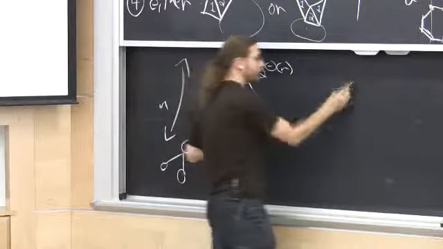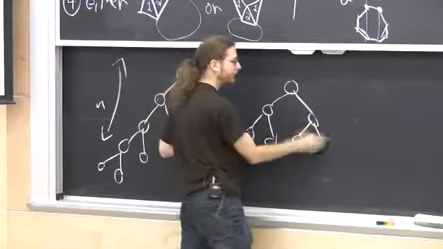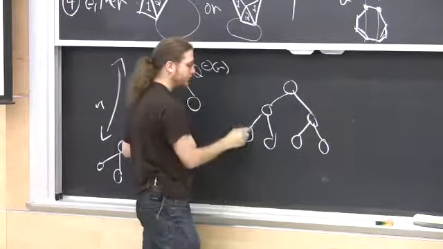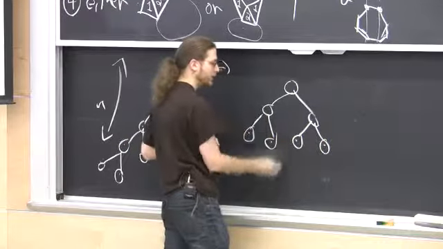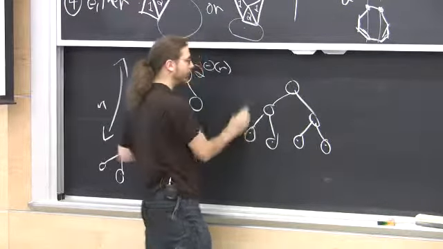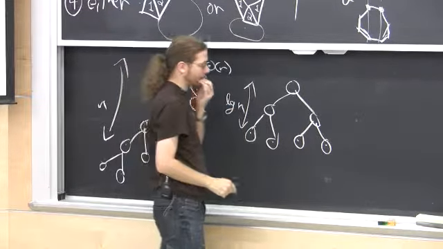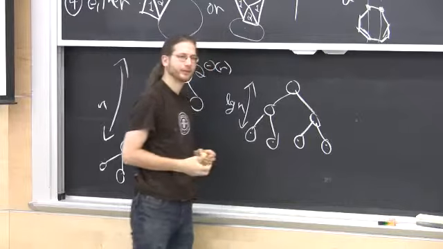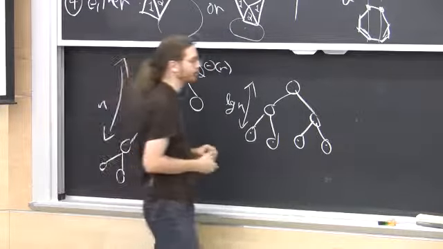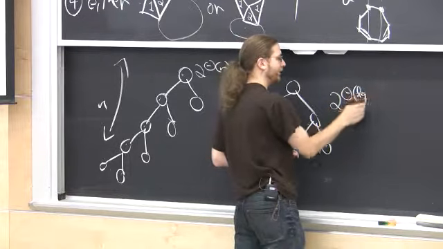On the other hand, if your tree happens to be nice and balanced, doubling is not so bad. Because here you'll have constant. This will double everything below. This will double everything below, but there's only log n levels. And so is that linear? Should be about linear. It's certainly 2 to the theta log n.